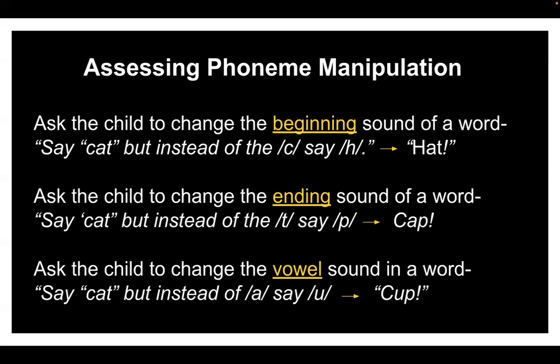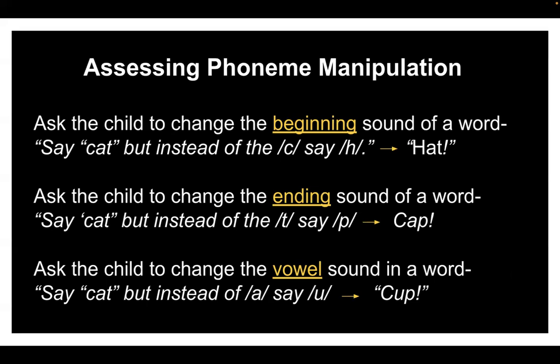Here are a few tasks that you could ask them to do if you wanted to assess their phoneme manipulation abilities. You could ask them to change the beginning sound of a word. So, for example, say the word cat, but instead of k, say h, and the word is hat. You could ask them to change the ending sound.